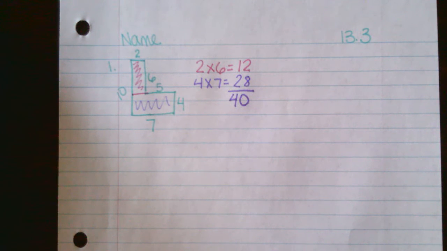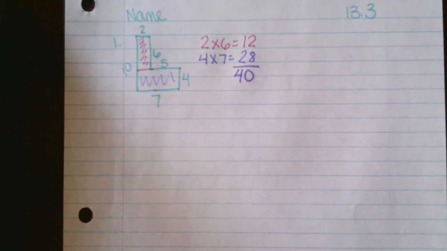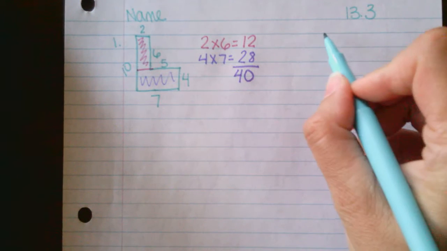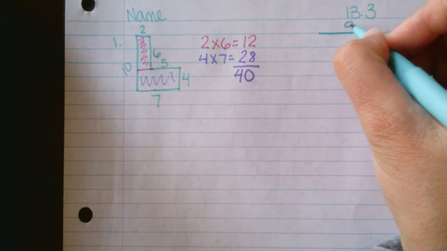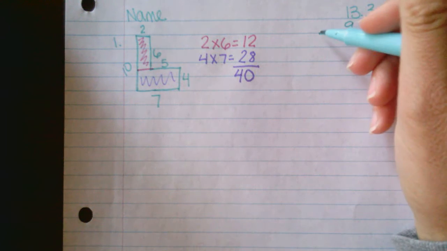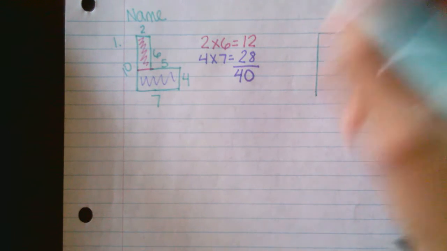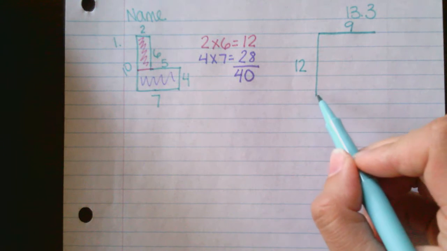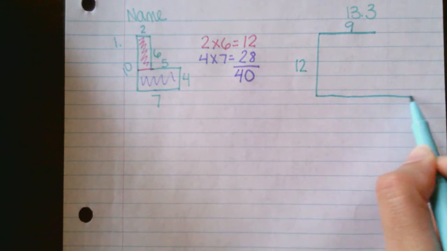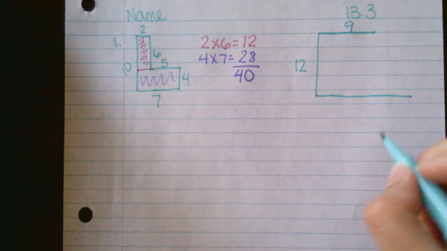Let's go ahead and draw out our shape for number 2. We're first going to draw out for our wide, and it's going to be 9 wide. And then we're going to draw down, and it's going to be 12 down. Then we're coming over, and it's going to be 14. So it's going to pass our 9.